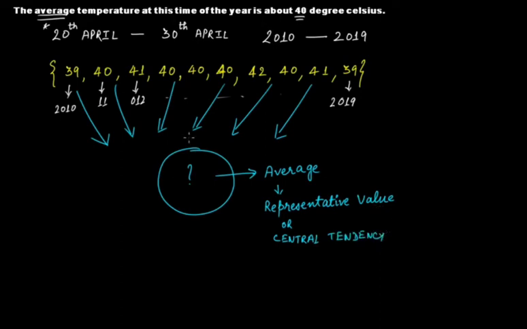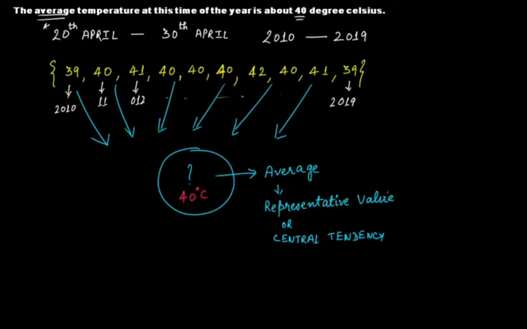So in this case, if it is 40 degrees Celsius, then you can think that if the average temperature for this period, between 20th of April and 30th of April, starting from 2010 to 2019, is 40 degrees Celsius, then it will give you a rough idea that the temperature during this period will be around 40 degrees Celsius.